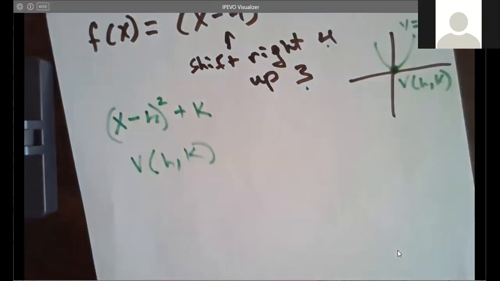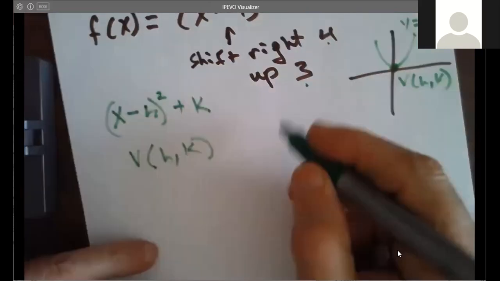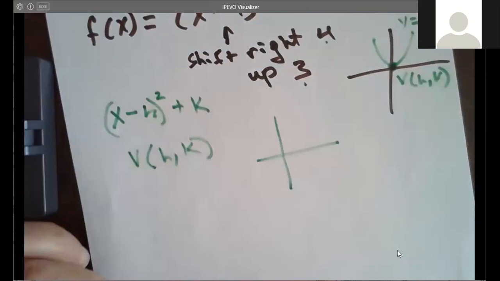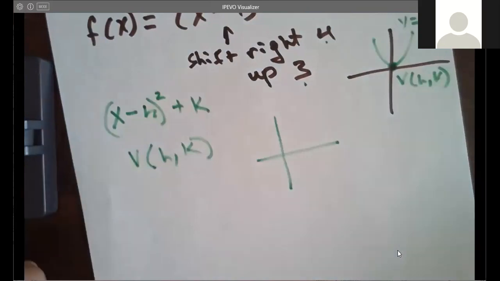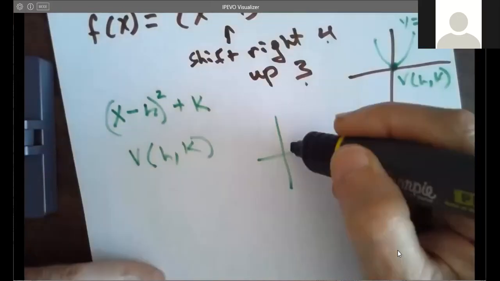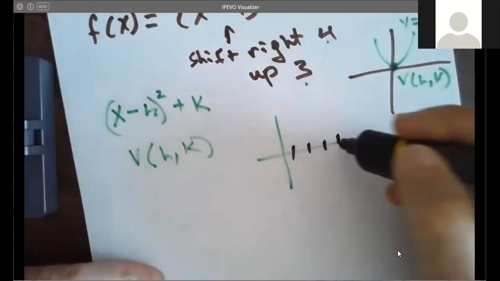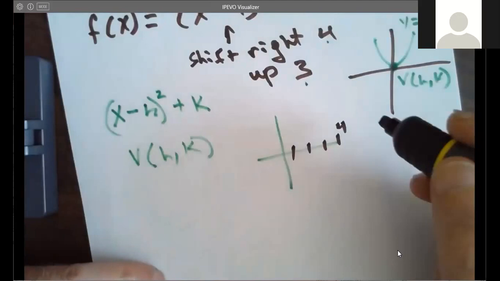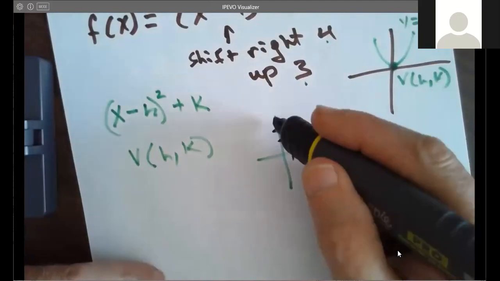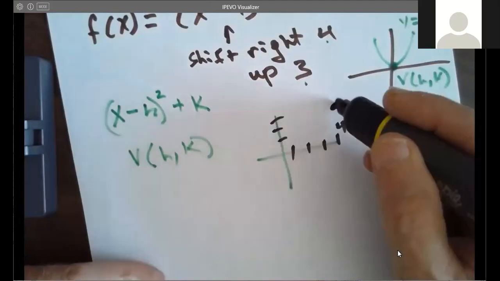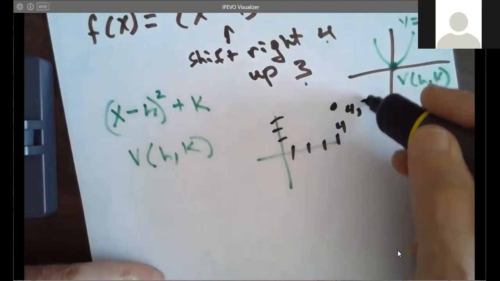So we're going to take that and shift it right 4 spaces. So this will be 1, 2, 3, 4, and up 3: 1, 2, 3. So this vertex is up here at (4, 3).